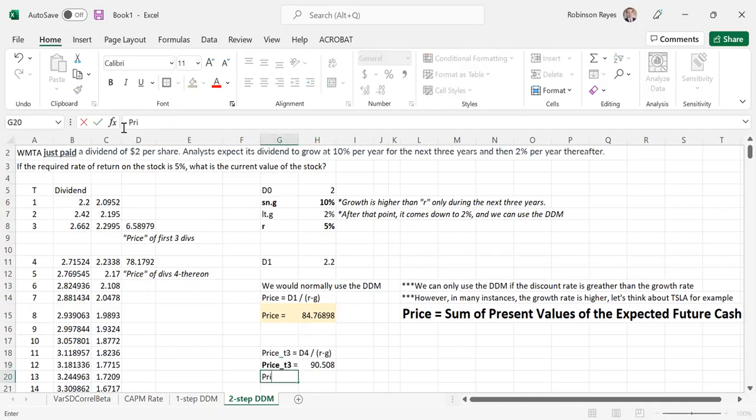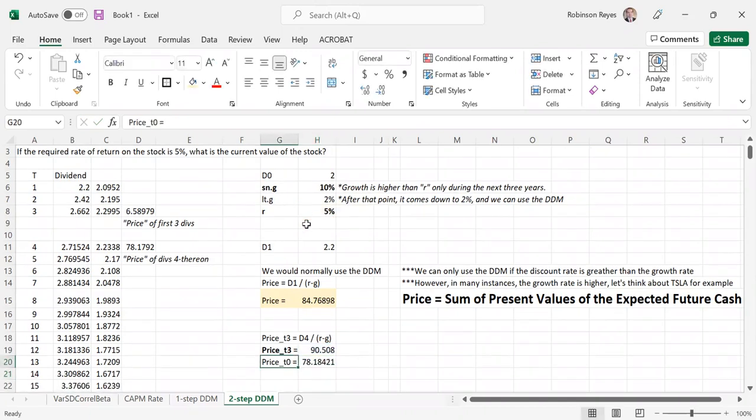Now, let's keep in mind, this is price at time period 3. So now let's get price at time period 0, which is today. And we just take this price at time period 3 and we discount it, we bring it to present value. So the price divided by 1 plus R to the power of 3, because this price is price in period 3. Once we do that, you can quickly see that this price is very similar to the one we got from the long approach, right?